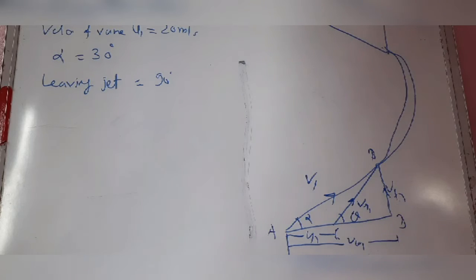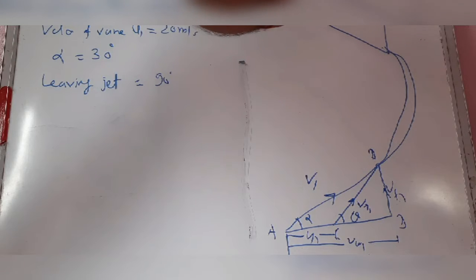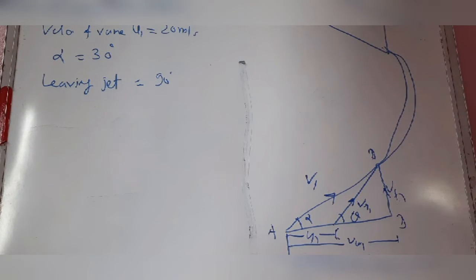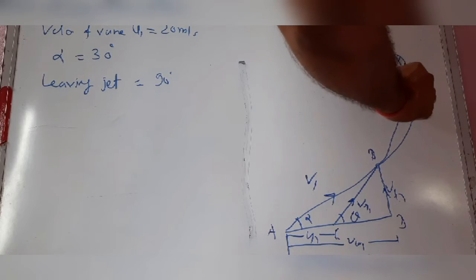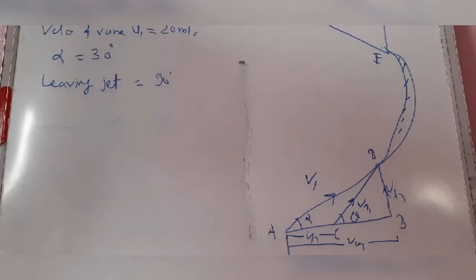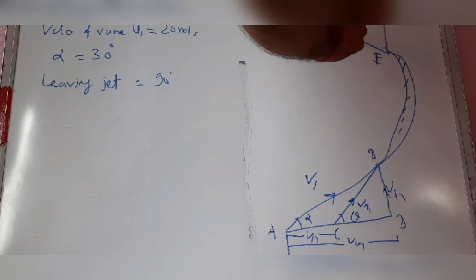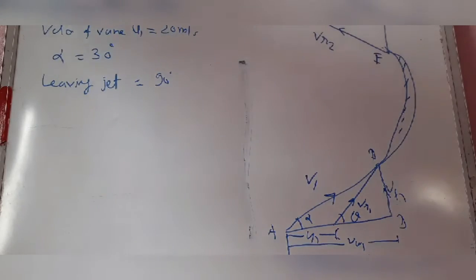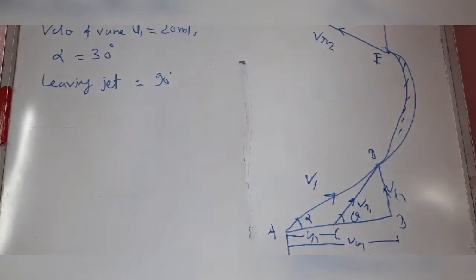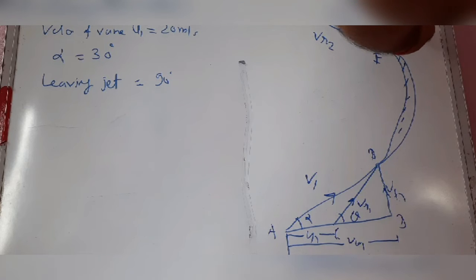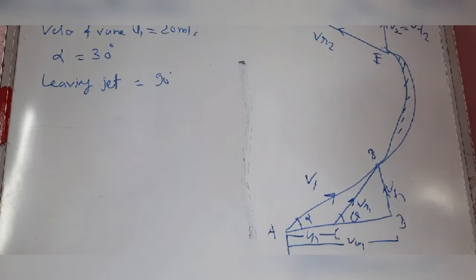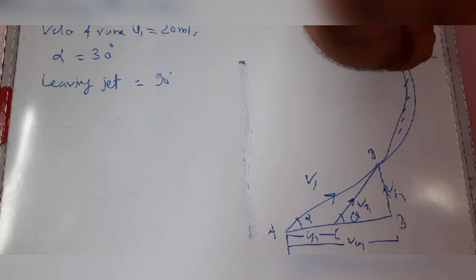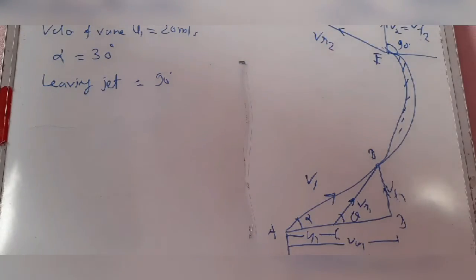So this is U2, G, F, E. This is VR1, this is VR2, and V2 equal to VF2, and this angle is 90 degree.